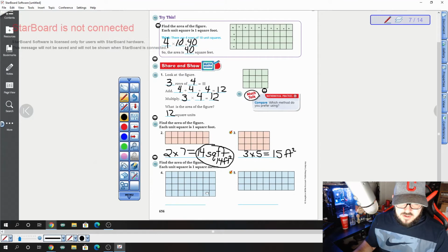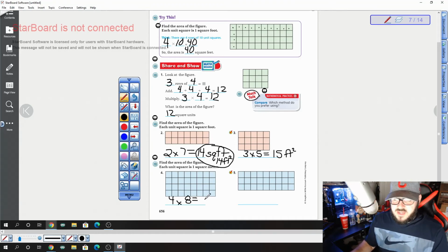Okay? So this means 15 square feet. All right, let's go down to number 4. This time we're talking about meters. Okay? So let's count how many rows we have. 1, 2, 3, 4 times 1, 2, 3, 4, 5, 6, 7, 8 in each row. And if you remember from the last lesson, we had a 4 times 8 or 8 times 4 problem.